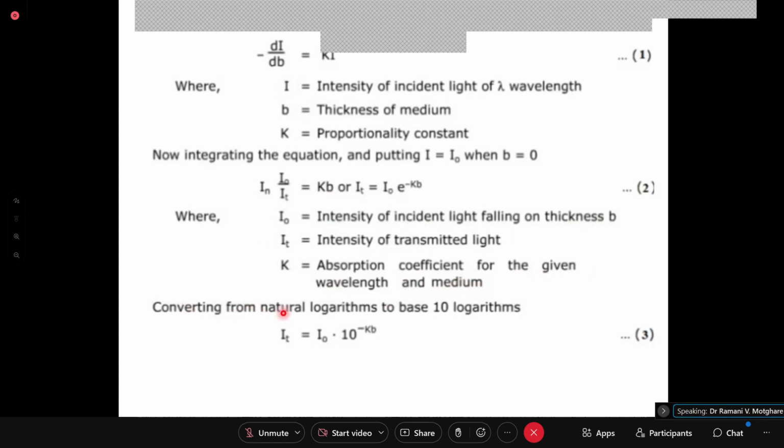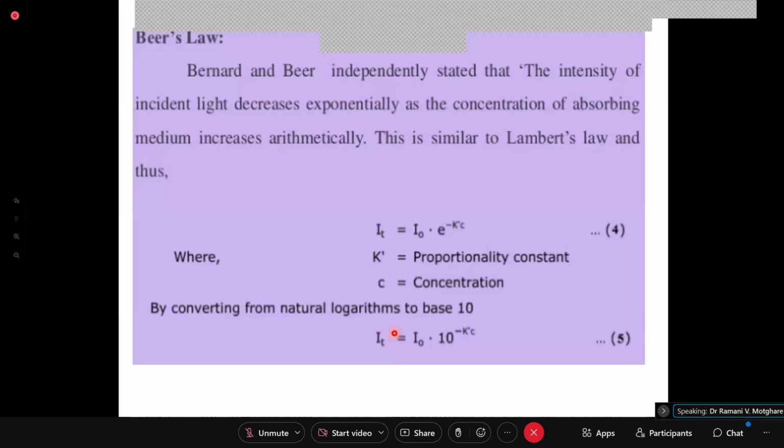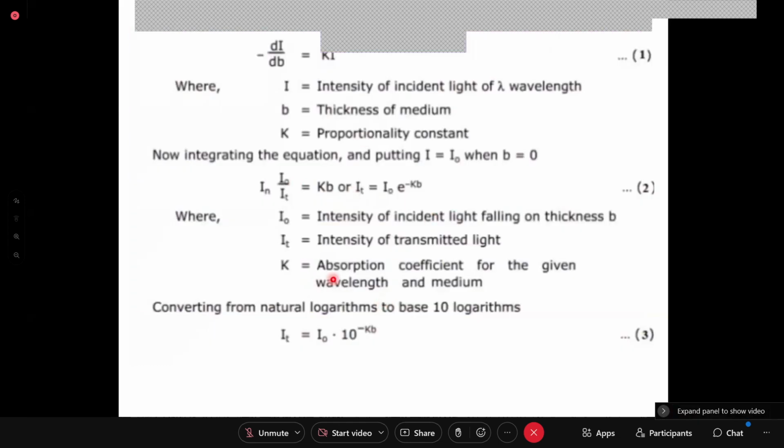Converting from natural log to log to the base 10, IT is equal to I0 10 to the power minus KB.